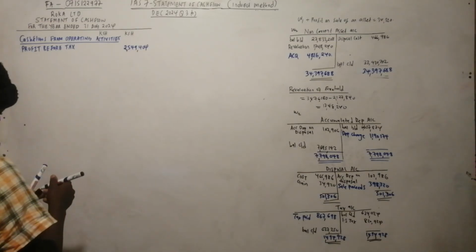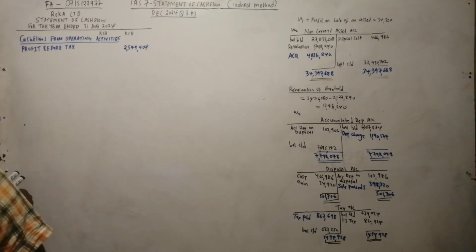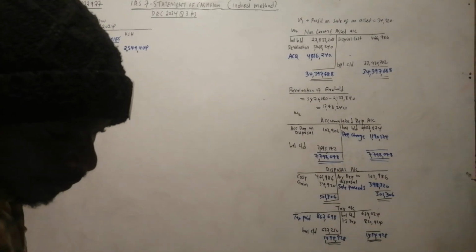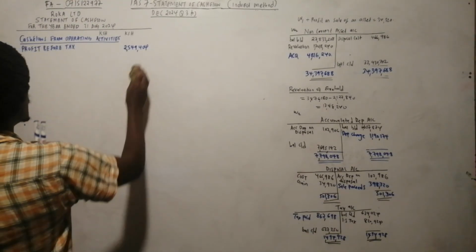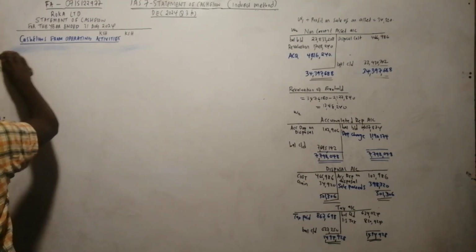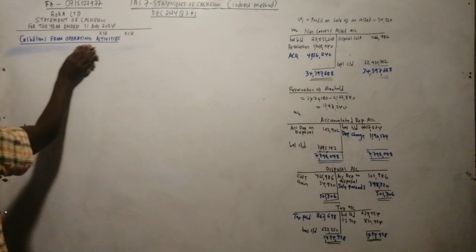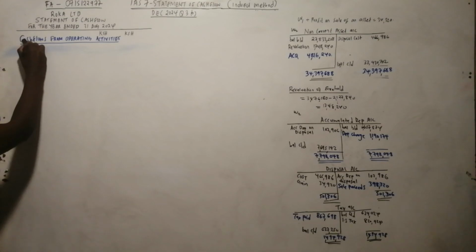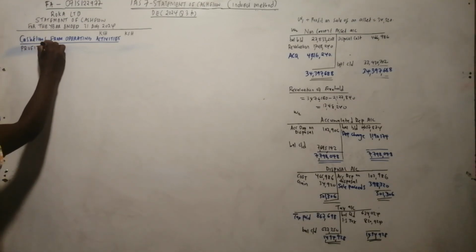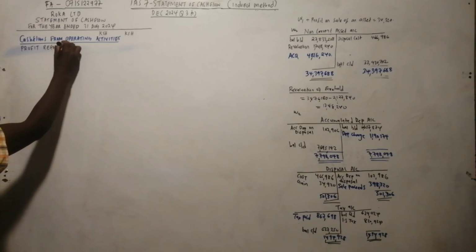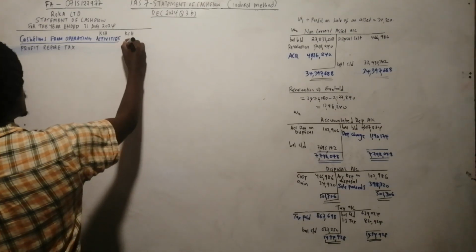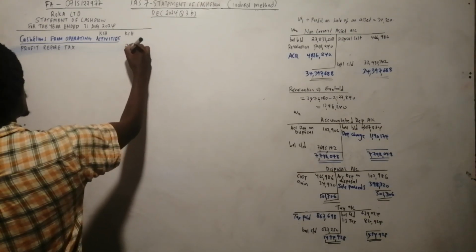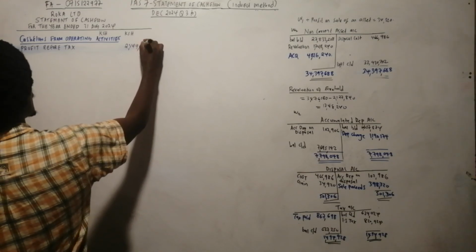That one is fine. Then you do an adjustment. Actually, I could have used a different pen so that it would be easier. I will use blue for the heading. So profit before tax is 2,549,404.